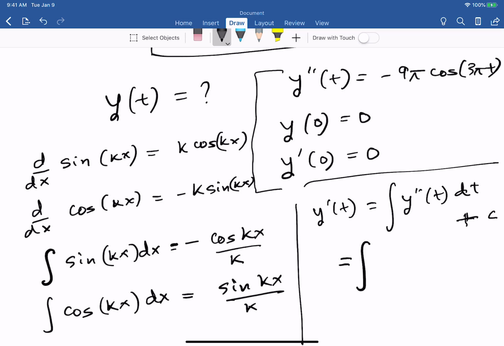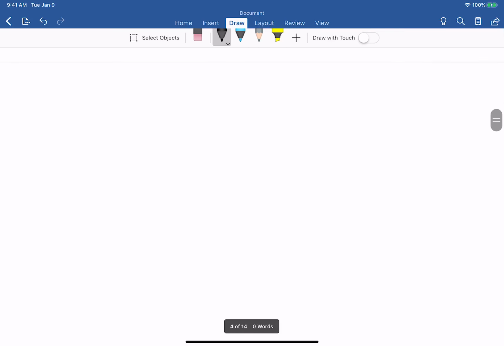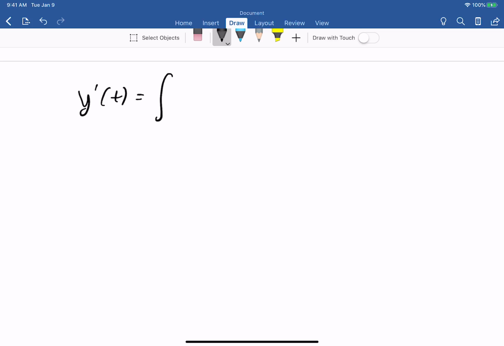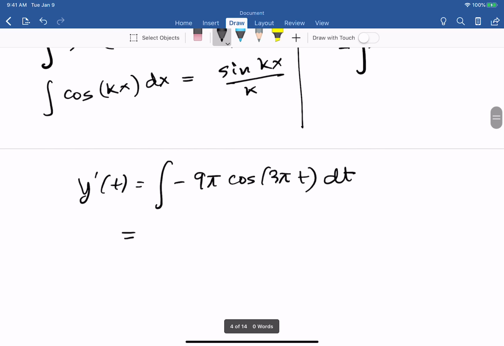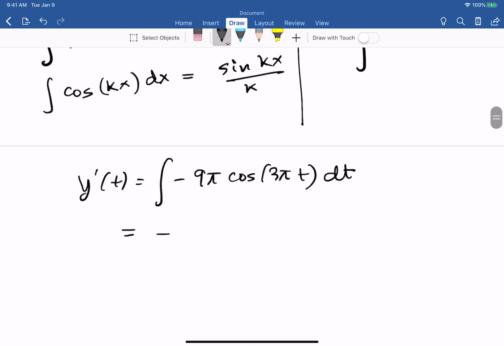All right, so let's start working this out. So y prime of t is the integral of the given function, minus 9 pi cosine 3 pi t dt. Using our integrals that we have over here, you pull out the constant, minus 9 pi, and now you're integrating cosine 3 pi t.